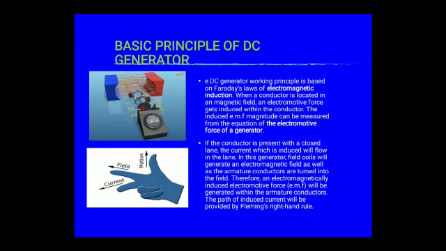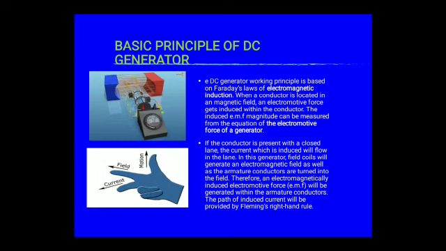The galvanometer is connected with the conductor, or the armature. This galvanometer's pointer is deflected from 0 to a positive value as well as from 0 to a negative value. So we can understand that the induced voltage is alternating in nature.